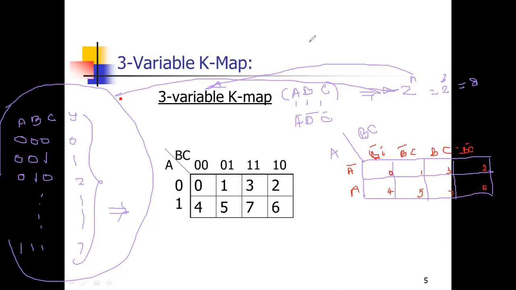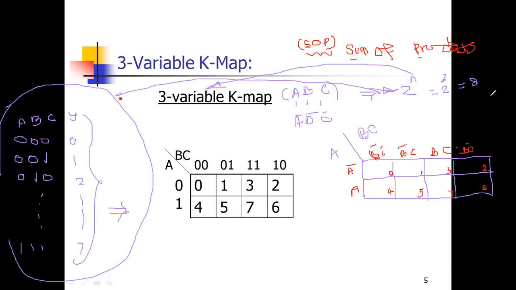This kind of representation is called the SOP technique. What is meant by this? SOP, sum of products. Sum of products is called SOP.